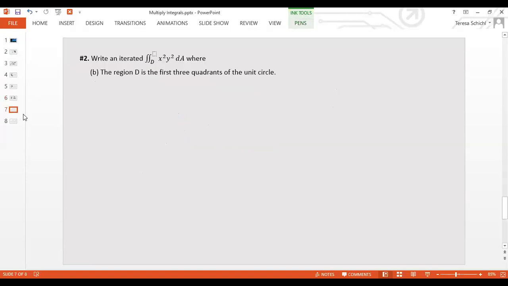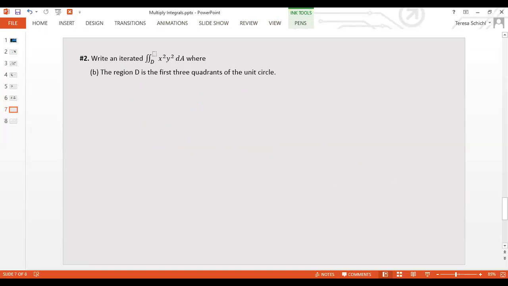Okay, now let's take a look at problem number 7. We want to write it out: separate this one and write it out if the integration region is the first 3 quadrants of a unit circle.